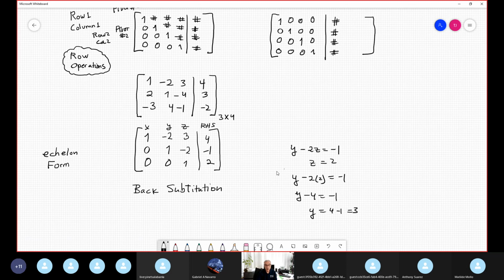I have in my hand Z, which is 2. I have in my hand Y, which is 3.